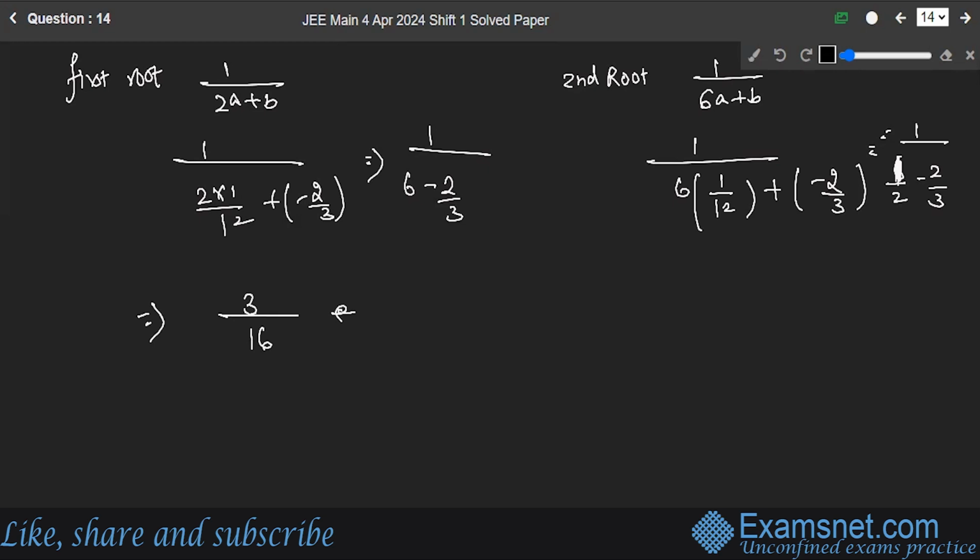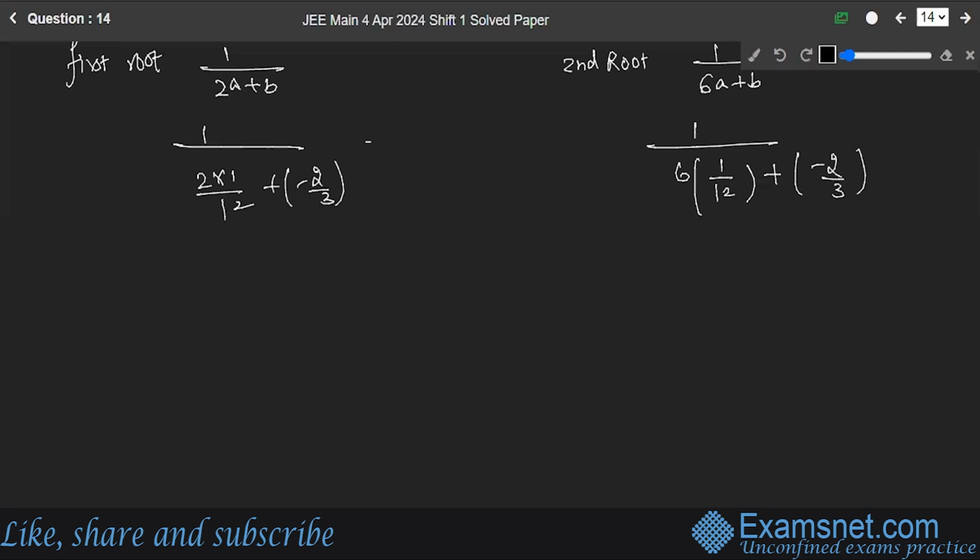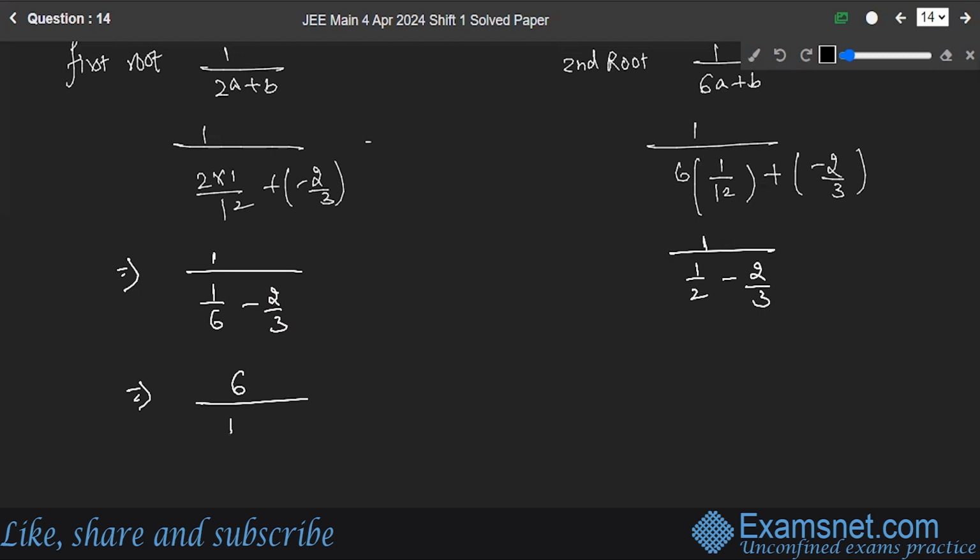Wait, let me recheck. I'm going to restart the sum from here. This will give me 1 upon 1 by 6. It was 1 by 6, not 6. Minus 2 by 3, and 1 upon 1 by 2 minus 2 by 3. Here 6 will go in the numerator, and here you will have 6 as the LCM.